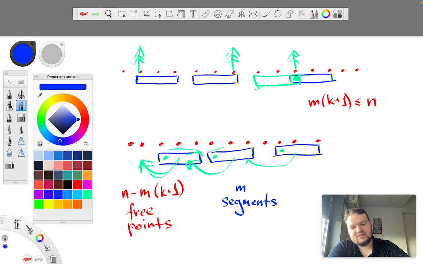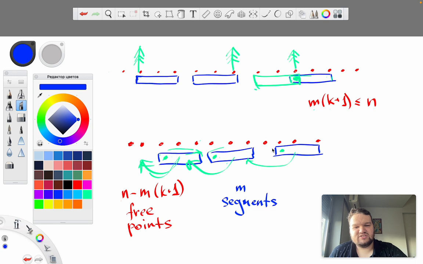segments. How to calculate the answer if we do not choose endpoints for each segment and just choose segments? Then we have this many free points, this many segments, and we just choose their order. Points are indistinguishable and segments are indistinguishable.